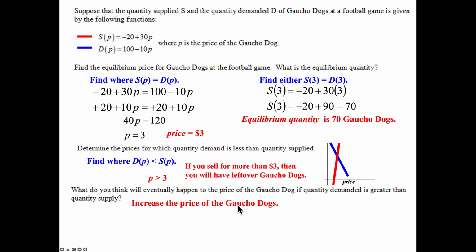You always increase the price of your gaucho dogs. Think of it this way. You've got 5 hot dogs left and there's 15 people who want the gaucho dogs. Who's willing to pay a higher price out of those 15 people? Then hey, let's have a bidding war. Okay?